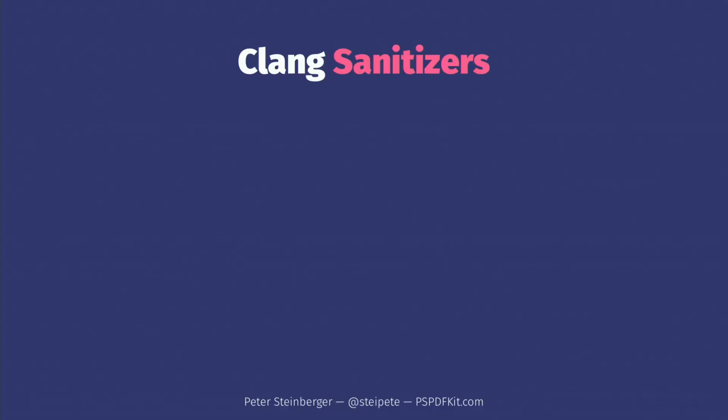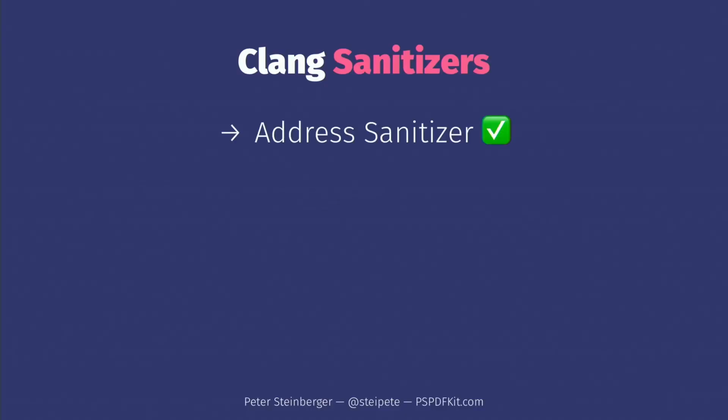All right, sanitizers. So the various sanitizers that Clang offers are all great in helping you to find or even better prevent bugs. The address sanitizer is a fast memory error detector. It's based both on compiler instrumentation and a runtime library. So what it does is it has a shadow memory region. Whenever you access something in memory, it checks if you're actually allowed to access it.